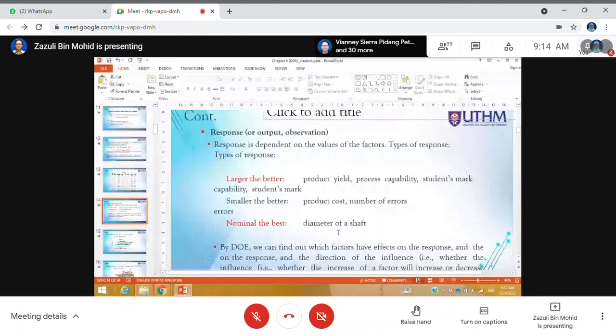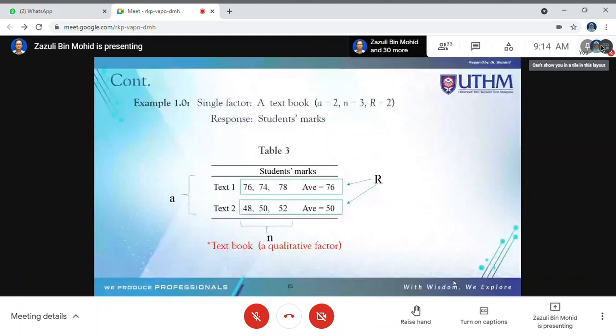This is another example. Example 1: single factor, A, two textbooks, R is 2. A is the factor, which is textbooks. We have two levels, textbook 1 and textbook 2.